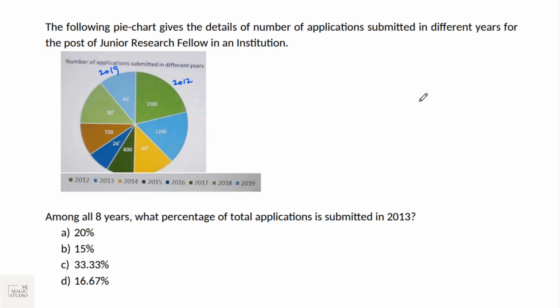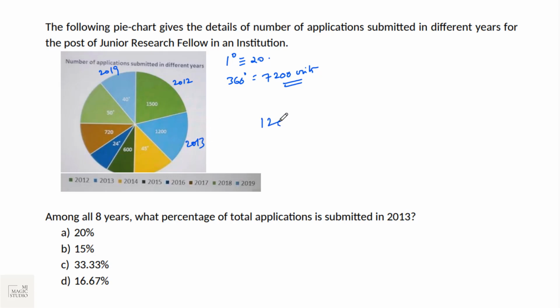Okay, the same pie chart and another question. We already know that 1 degree is equal to 20 units. So 360 degrees is equal to 7200 units or people. So the total units shown in this pie chart is 7200. Among all 8 years, what percentage of total applications is submitted in 2013?